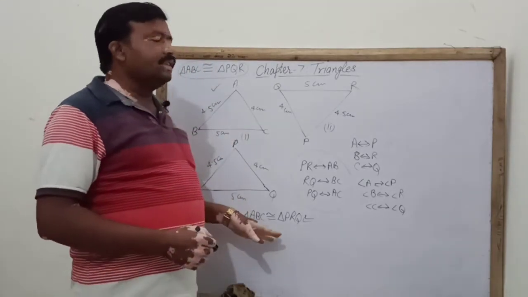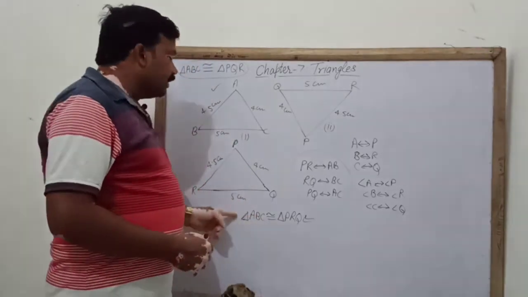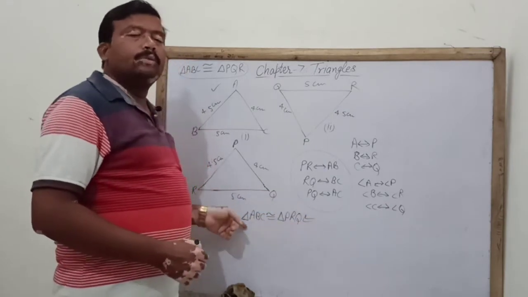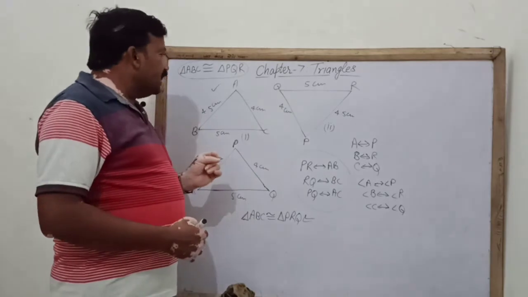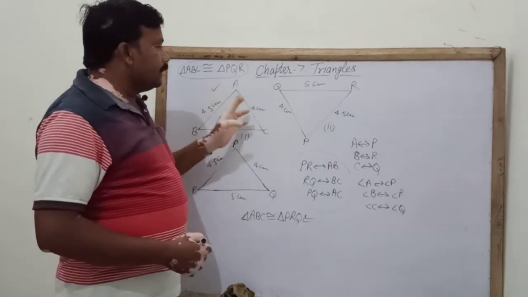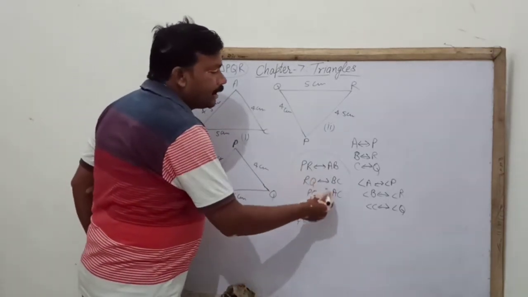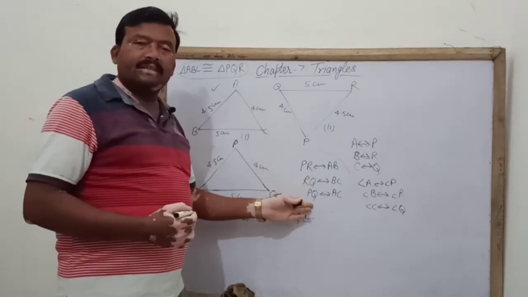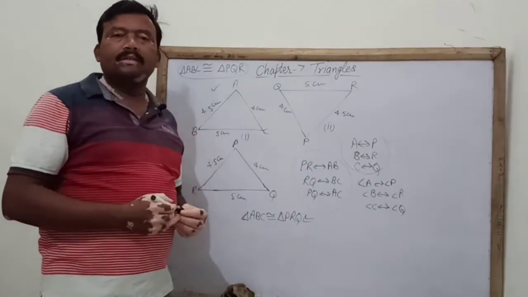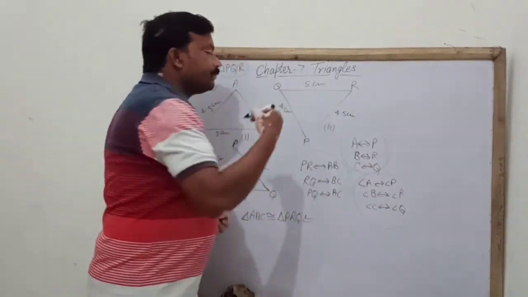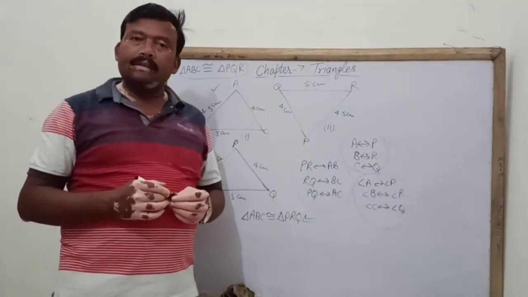So for the congruency of any two triangles, we can write it this way. These are parts, corresponding sides, and corresponding angles.